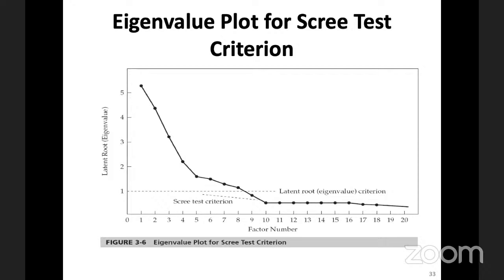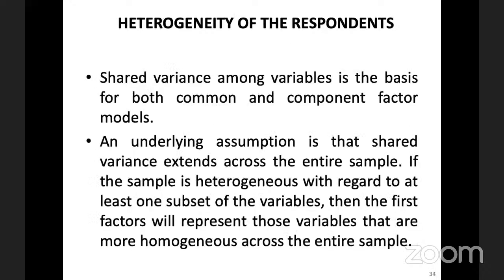So in this slide, if we go by the scree test, then 10 factors are taken. However, if you go by the eigenvalue criterion or latent root criterion, then it is about 8 factors, because eigenvalues of one and more than one give 8 factors, while the scree test gives 10 factors. So it depends upon the researchers how many factors they want to extract.